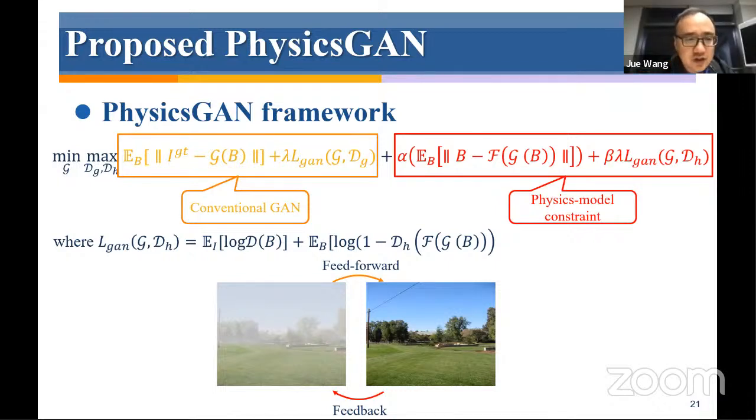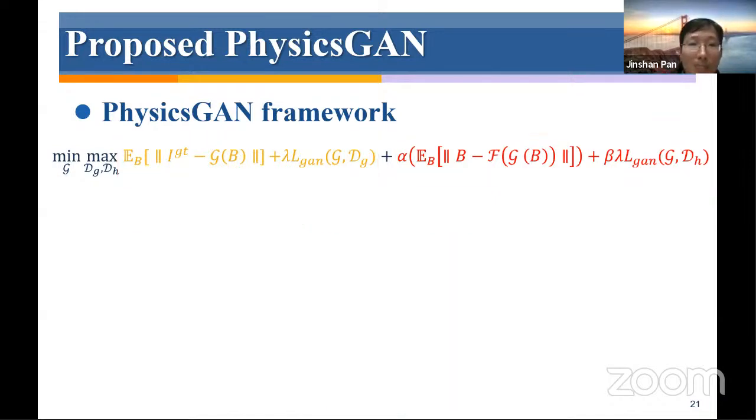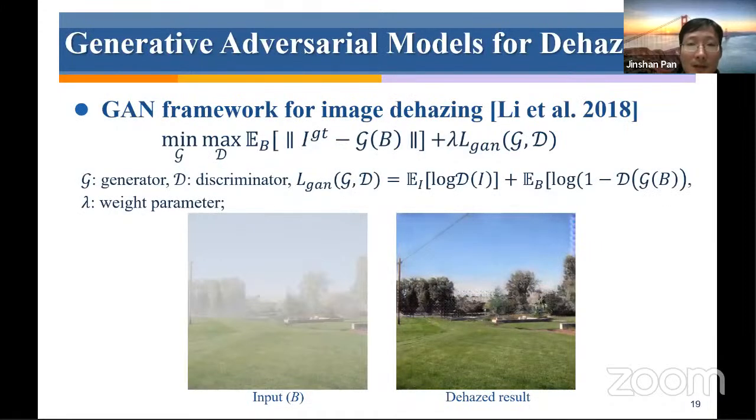What is DJ and DH? Okay. The DJ is defined based on this equation. It is used to distinguish whether the generated image J or B has the clear distribution, has the clear properties or not.